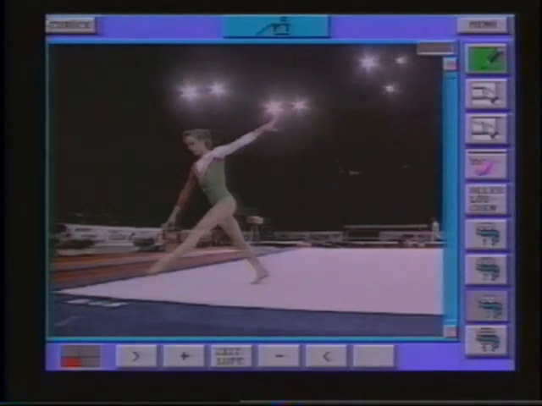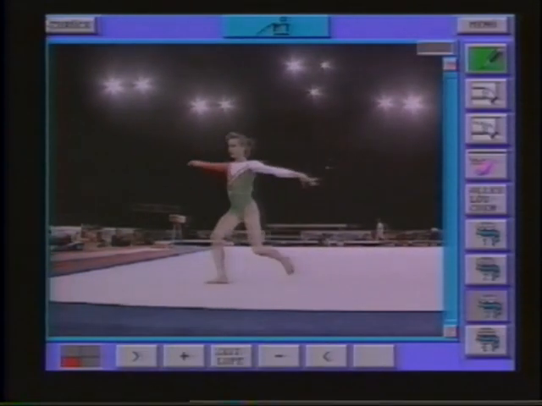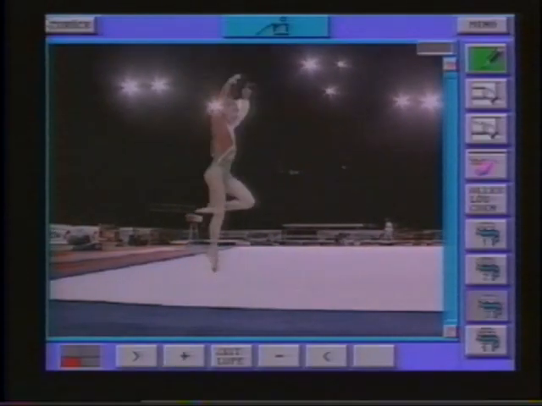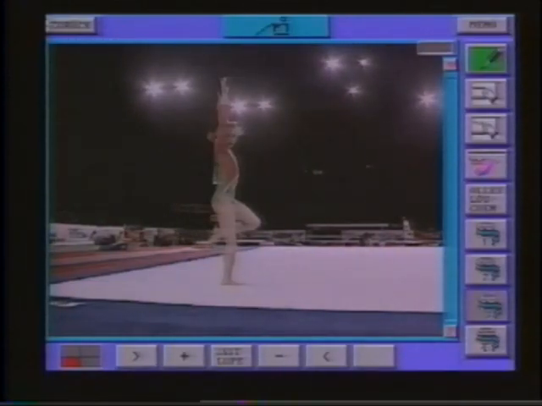Third, cat leap with double turn on floor, D. No deduction. There are several faults here. Only one leg is tucked, the other leg remains stretched. Therefore, no cat leap, but stretch jump with tucking of one leg. There are still other faults.